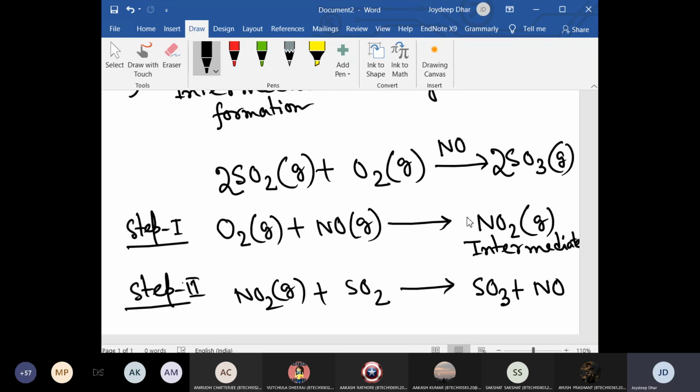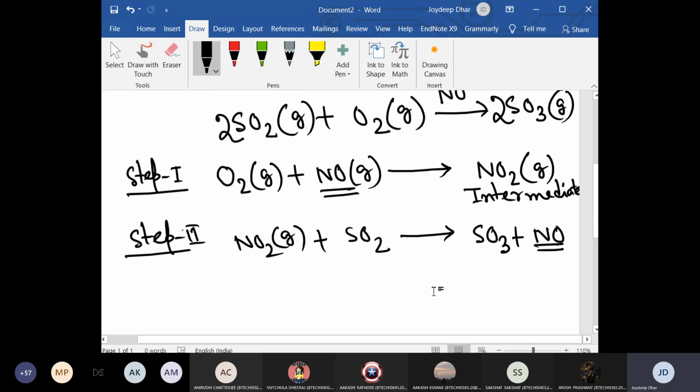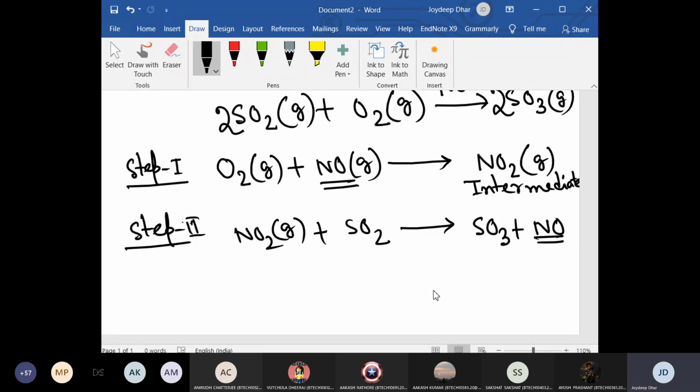So the NO that was there, you are getting back in the second step, and in the overall reaction, if I write the balanced equation, you can write 2SO2. You can check the balancing once.